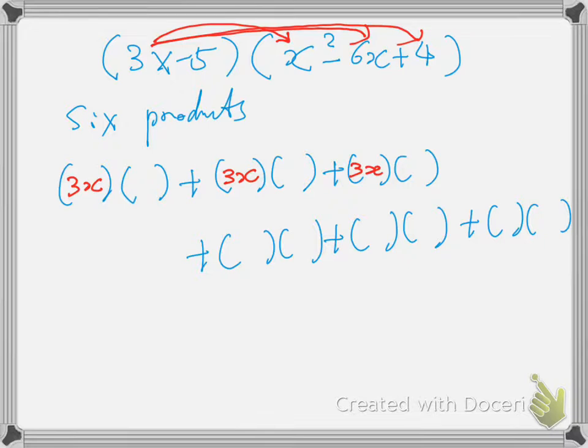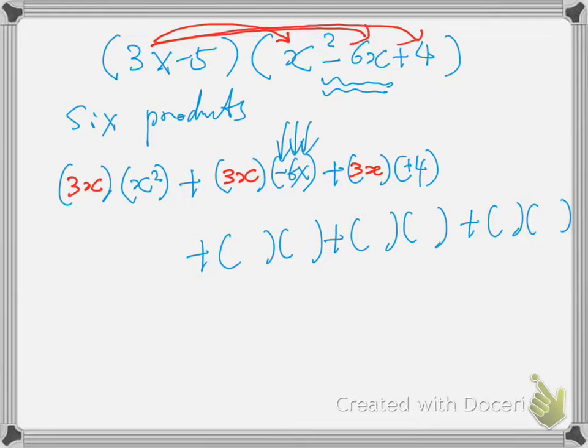And then we put x squared, the first term in the second parentheses, negative 6x in the second product, and then positive 4 for the third product. Again, we need a sign, a number, a letter for a term. So you have to use negative 6x for the second product.